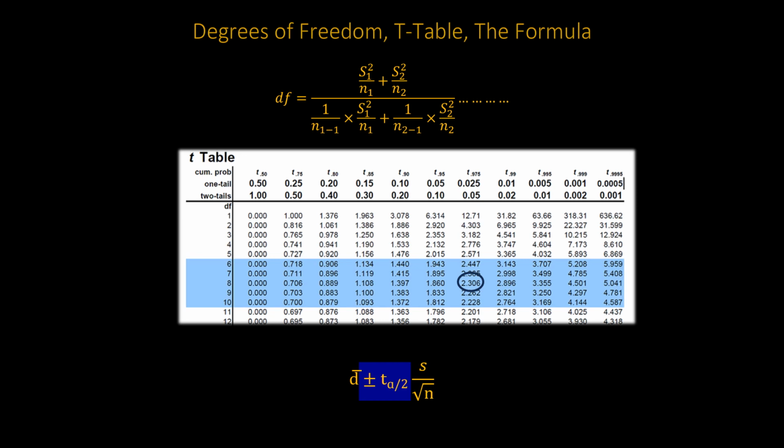This way, each sample set will have a degree of freedom equaling n minus 1. And since there would be 2 sets, then the degree of freedom would be 2, and so on, as more sets are added. The formula shown is for sets that do not have an equal number of samples per set. This will be shown on the next slide.